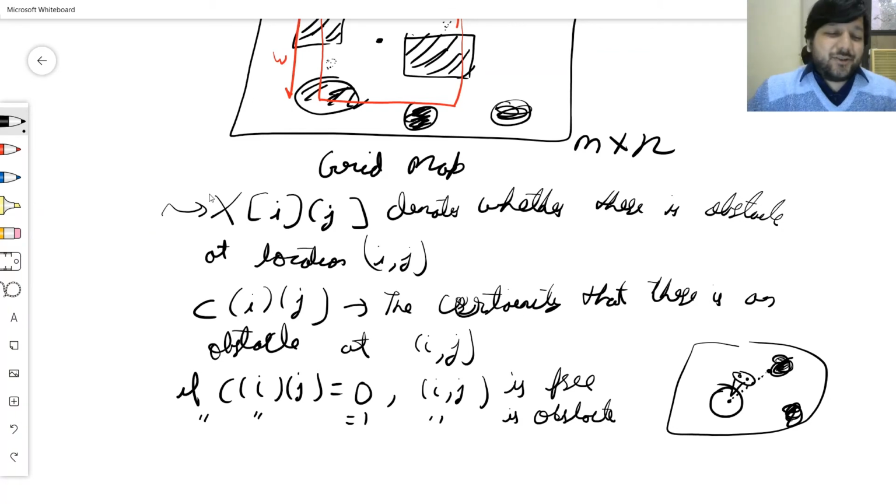That's my Xij. But then practically what happens is that the robot is moving. And because it's moving, sometimes the robot does weird things with us. So the point 5,5, which was earlier reported to be an obstacle, is now suddenly not an obstacle. The moment you take two readings, both the readings don't agree, there's a problem.